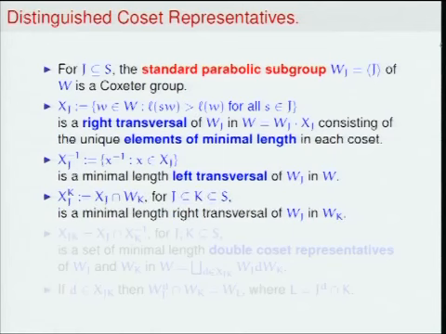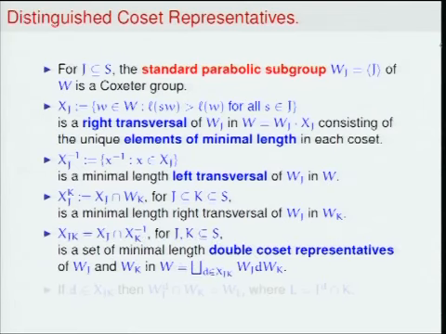If you have 2 subsets of generators, if you have a chain of parabolics, then intersecting the coset representatives with another parabolic subgroup gives you a set of coset representatives of the smaller subgroup in the bigger one. And if you have 2 subsets, the intersection of a right transversal of the one and a left transversal of the other gives you a set of minimal length double coset representatives of the 2.